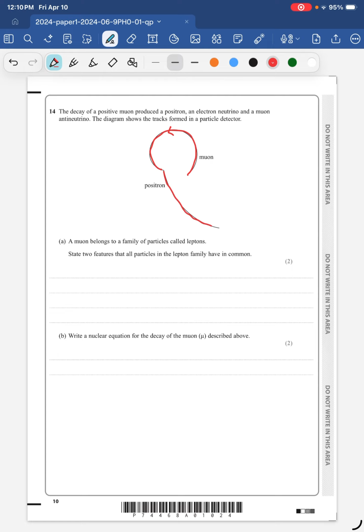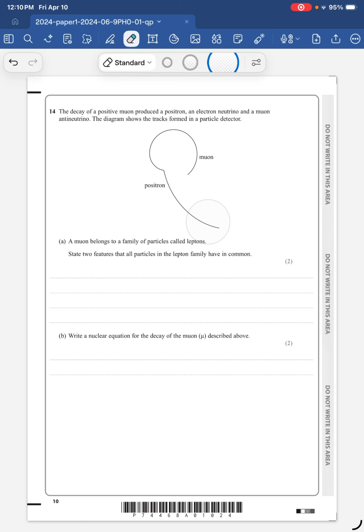And then it decays into a positron and other stuff, okay? So let's actually read the questions that they ask. Part A: a muon belongs to a family of particles called leptons. State two features that all particles in the lepton family have in common.